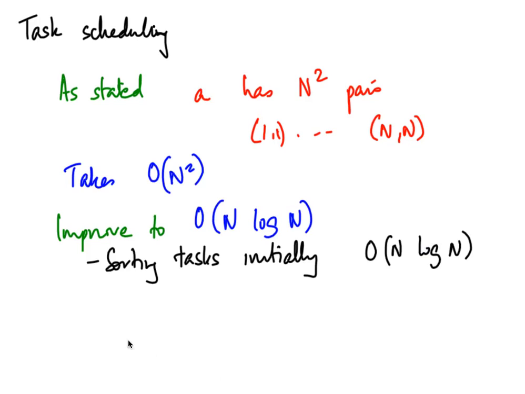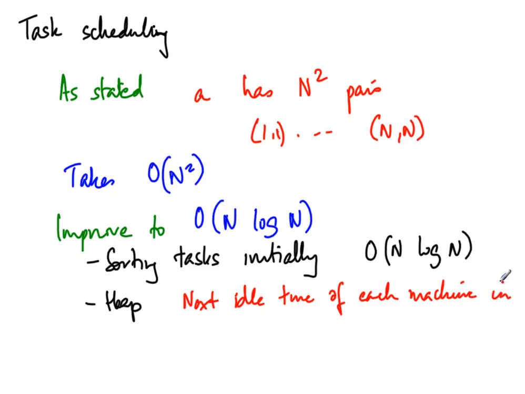And here what you need to do is to use a heap. Okay, so you keep the next idle time of each machine in what is called a min heap. Okay, so the heap will give you the minimum element in constant time, and update in log n time.